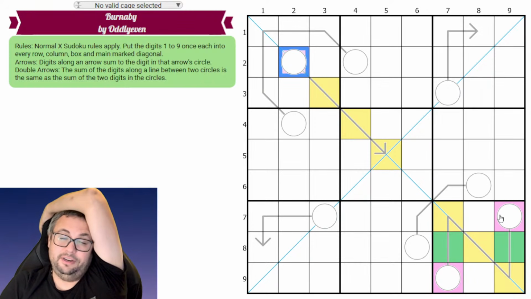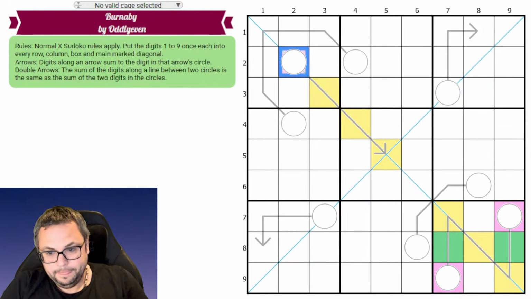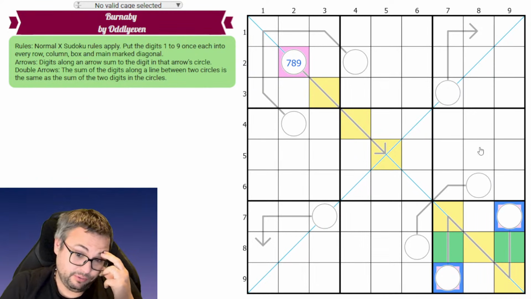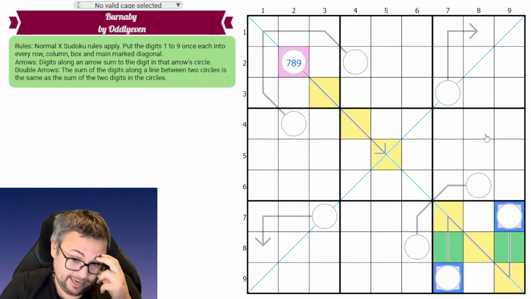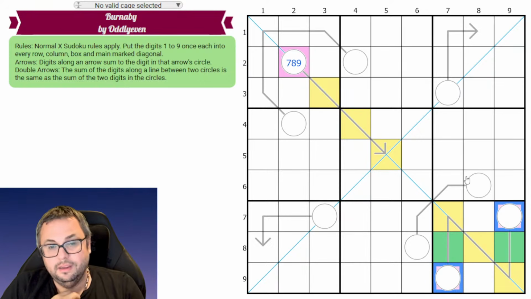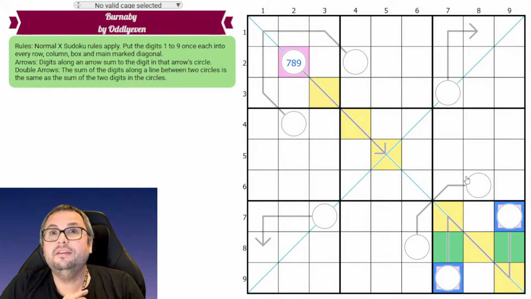Did I do all of this to get that this was at least 7 instead of at least 6? I think I did. However, this is a maximum of 9, so therefore these need to come out to be a minimum of something. 24 minus 9 is 15.